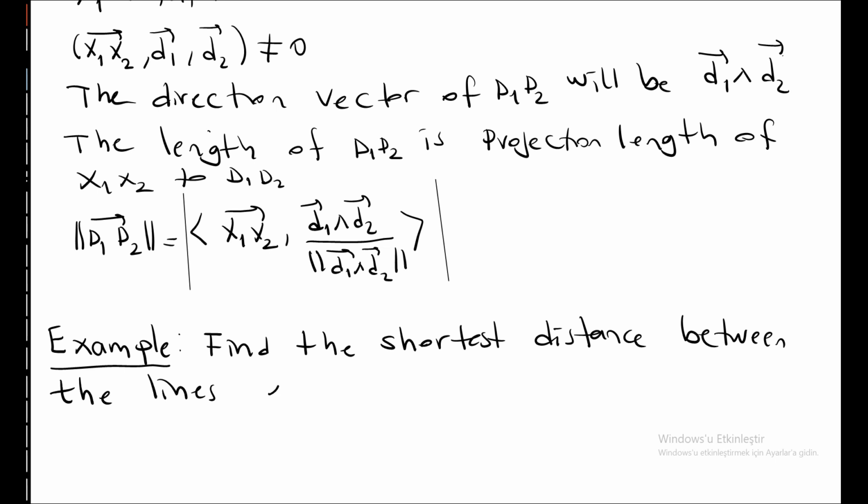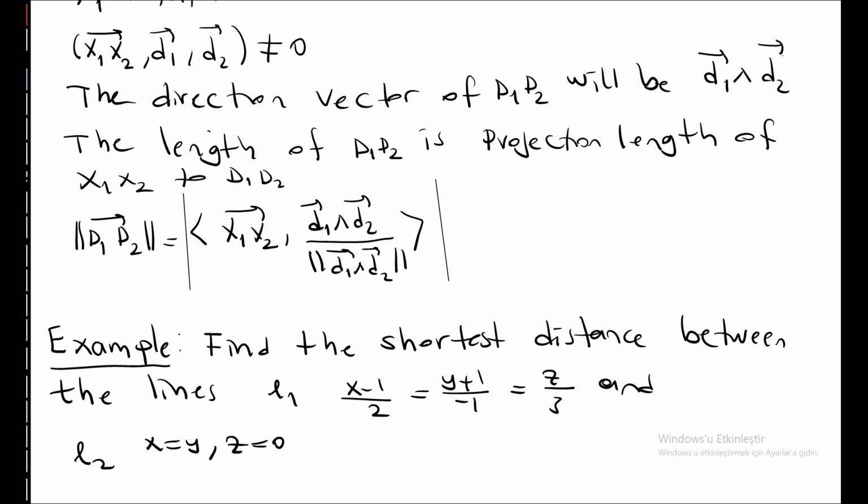So the first one, L1, let's say, x minus 1 over 2, y plus 1 over negative 1, and z over 3. And L2, x equals y, z equals 0.